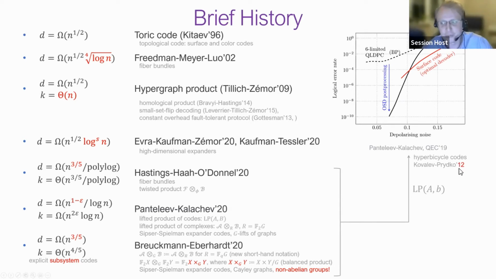So it's almost 10 years ago. And all these codes actually also correspond to Kovalev-Pryadko codes. And hence, starting from 2012, we already had a class of codes that have almost linear minimum distance. We just didn't know how to construct them particularly.